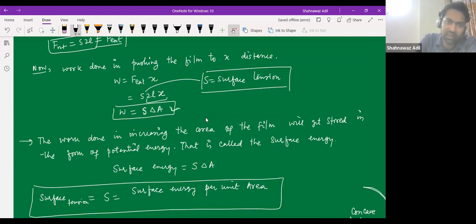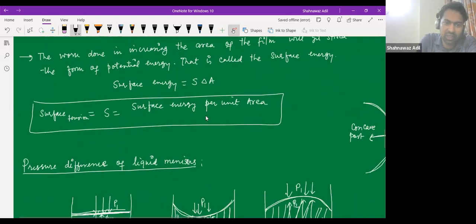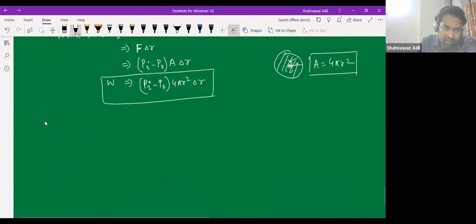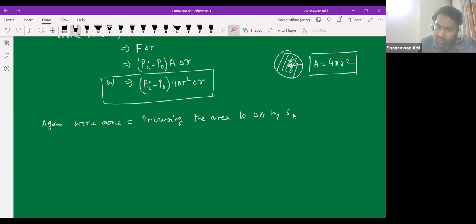So we will calculate the work done from the surface energy definition. So again, work done is increasing the area, delta A, by surface tension.